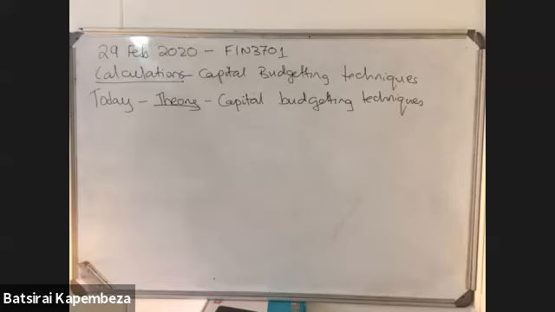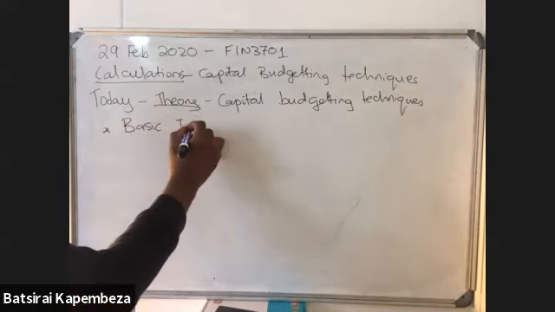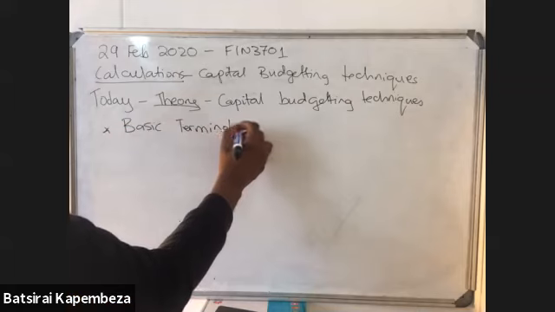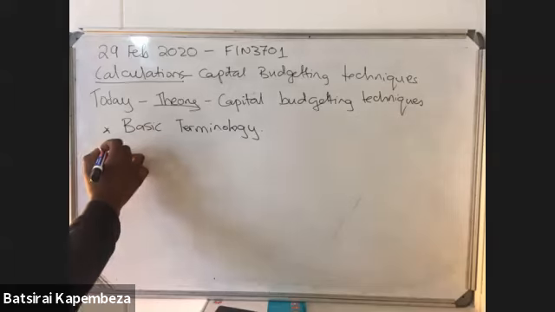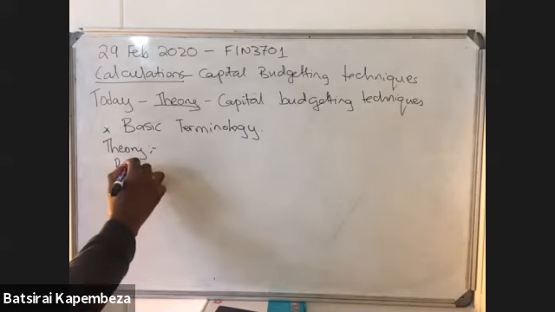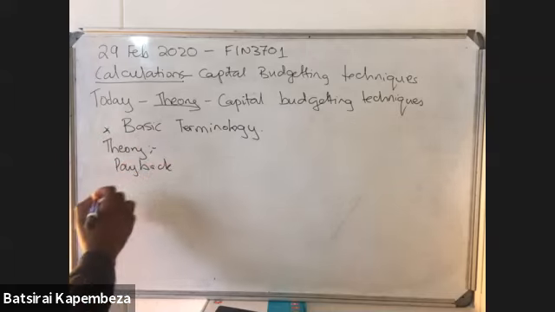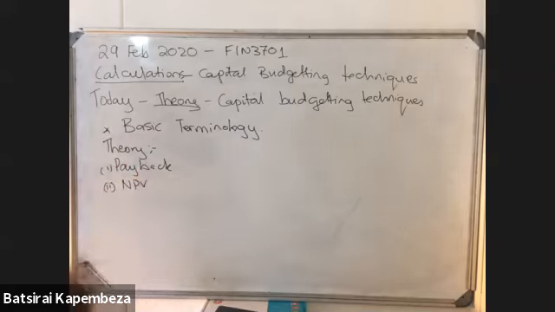So for today, firstly, we'll look at some basic terminology that's used when we are dealing with capital budgeting. Then after looking at some basic terminology you need to know, I will take you through the theory associated with the payback and the NPV, net present value.